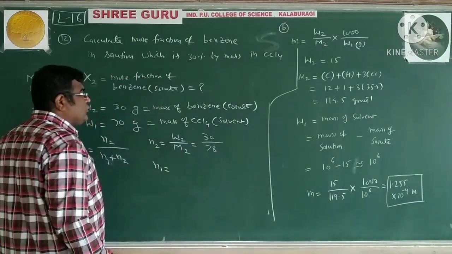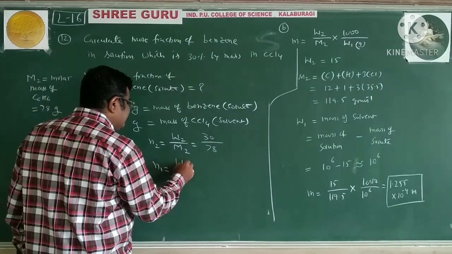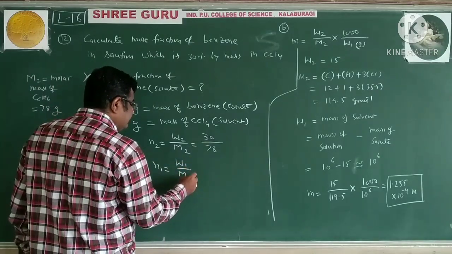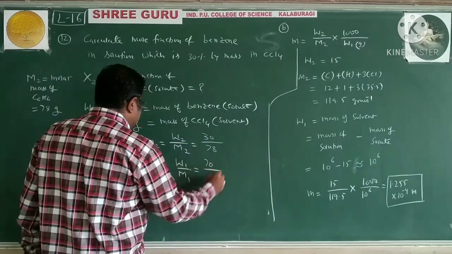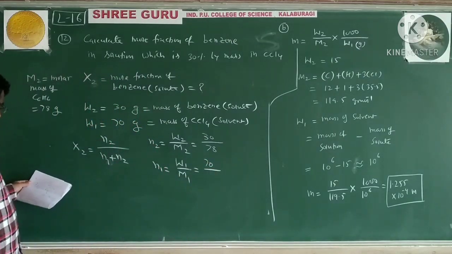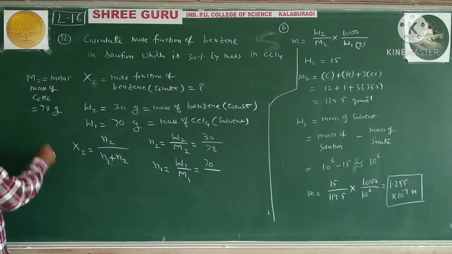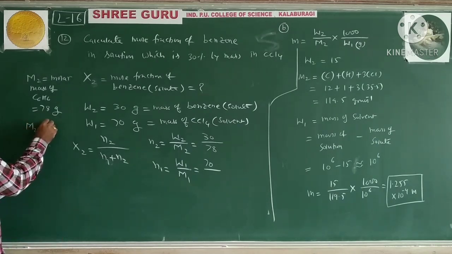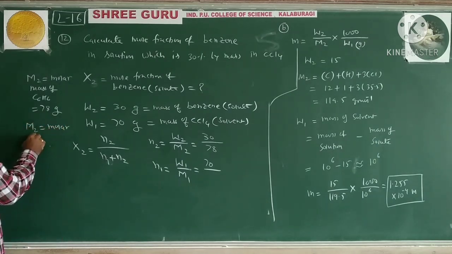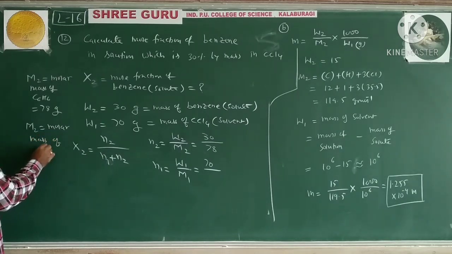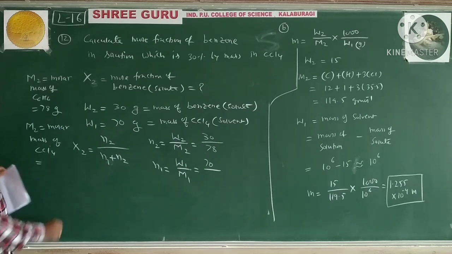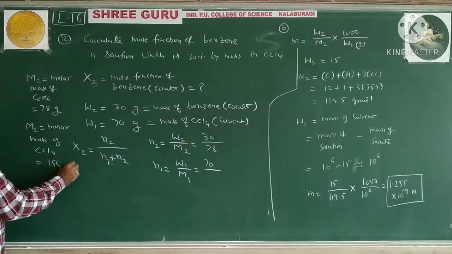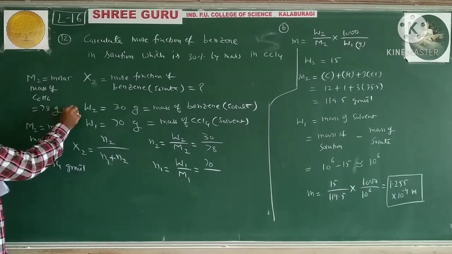And the number of moles of carbon tetrachloride: mass of carbon tetrachloride is 70, molar mass of carbon tetrachloride is 154 gram per mole.